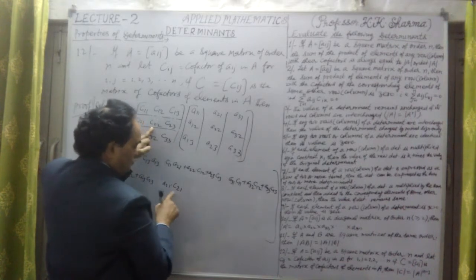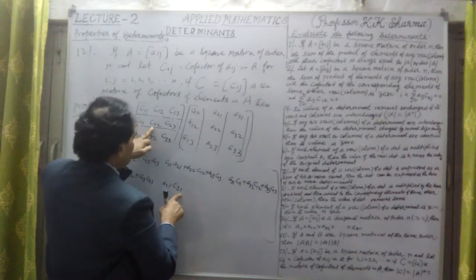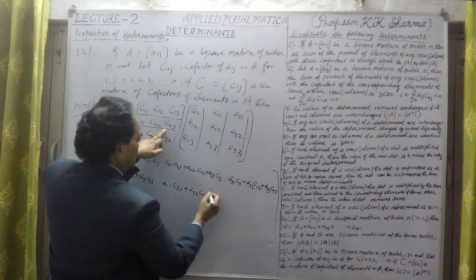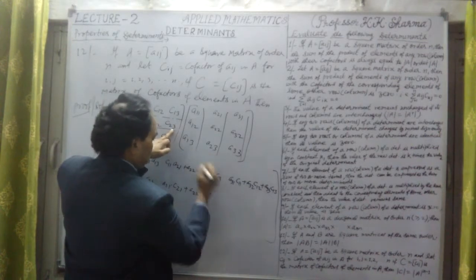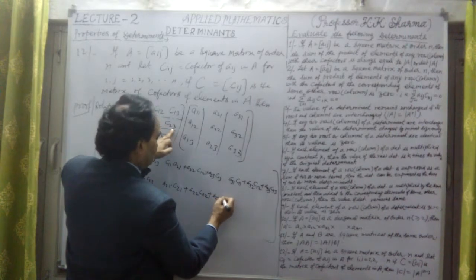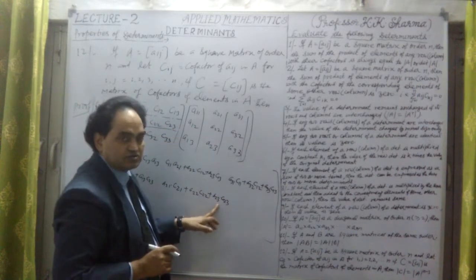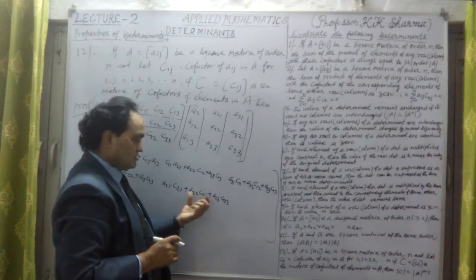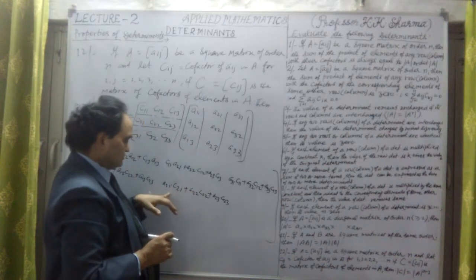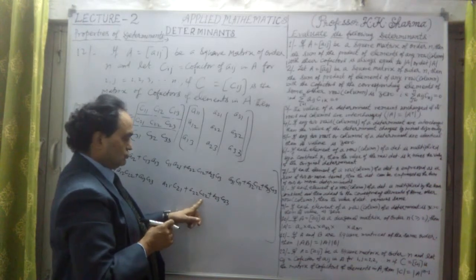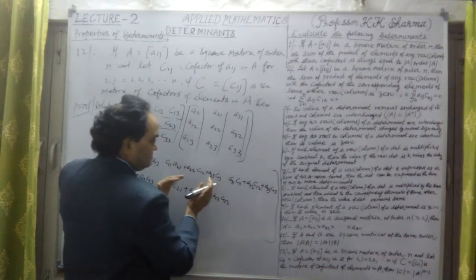We are opening the determinant with respect to the second row, the elements A21, A22, A23, and the cofactor of the same element. This is the value of determinant A.